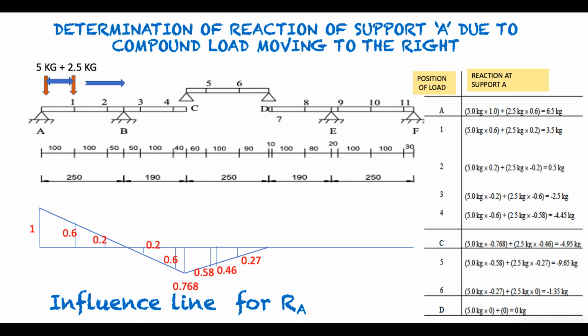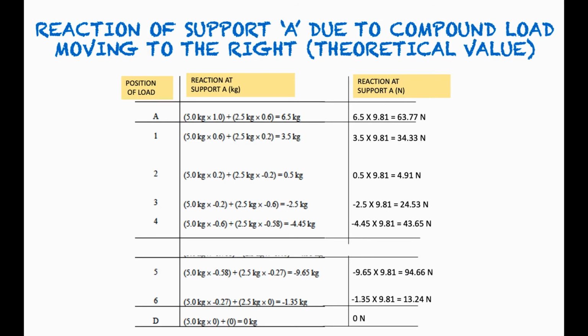And then here we calculate theoretically the RA due to this compound load by using the concept of influence line. Again, like the previous single load, but this one is multiple loads. It is similar: the load multiplied by the ordinate of the influence line. Therefore, we have a new table as you can see here.